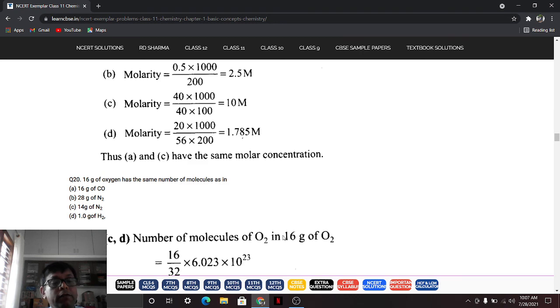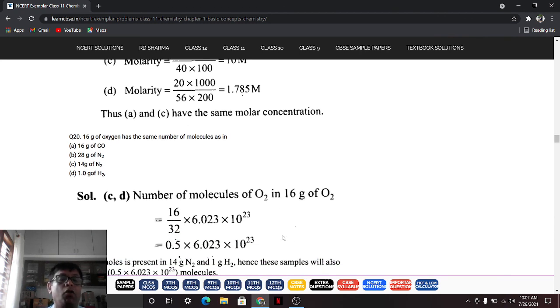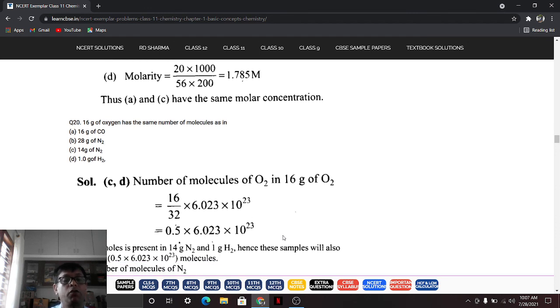These options are correct because the number of molecules of oxygen in 16 gram of oxygen is 16 divided by 32 into 6.023 into 10 to the power of 23, that is equal to 0.5 into 6.023 into 10 to the power of 23. 0.5 moles is present in 14 gram of nitrogen and 1 gram of hydrogen. Hence, these samples will also have 0.5 into 6.023 into 10 to the power of 23 molecules.